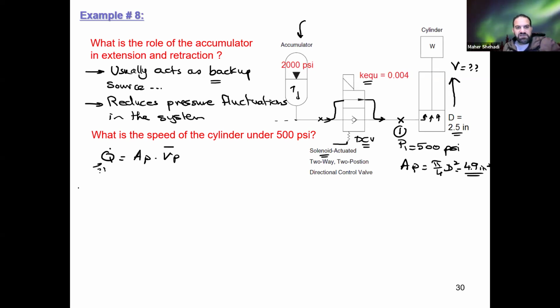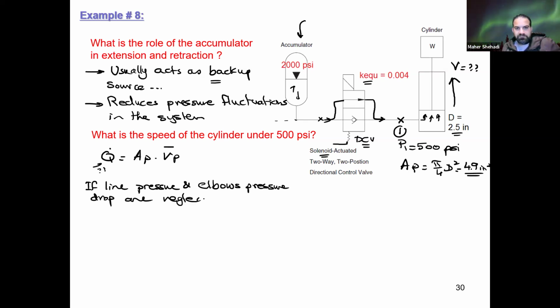If line pressure drops in fittings, elbows, etc., let's just say elbows, are neglected, then let's look into the DCV.